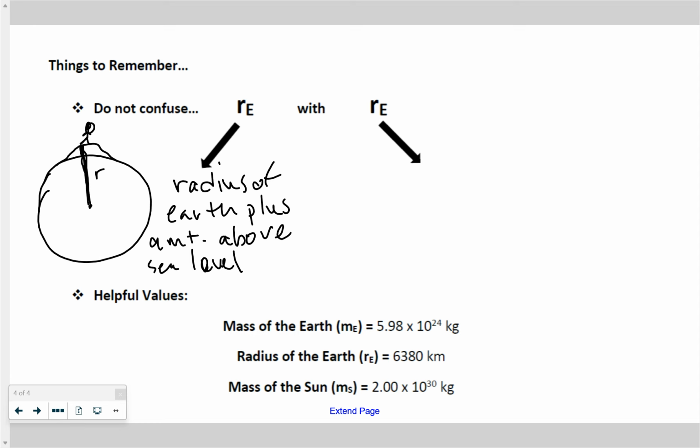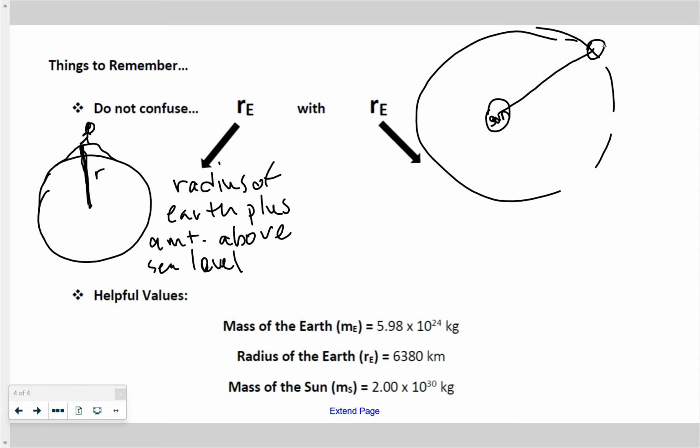Not to be confused with, although the world of AP Physics likes to squish these two things together, the radius of the Earth as the distance from the center of the sun to the center of the Earth if the Earth is orbiting around the sun. That's also called the radius of the Earth.